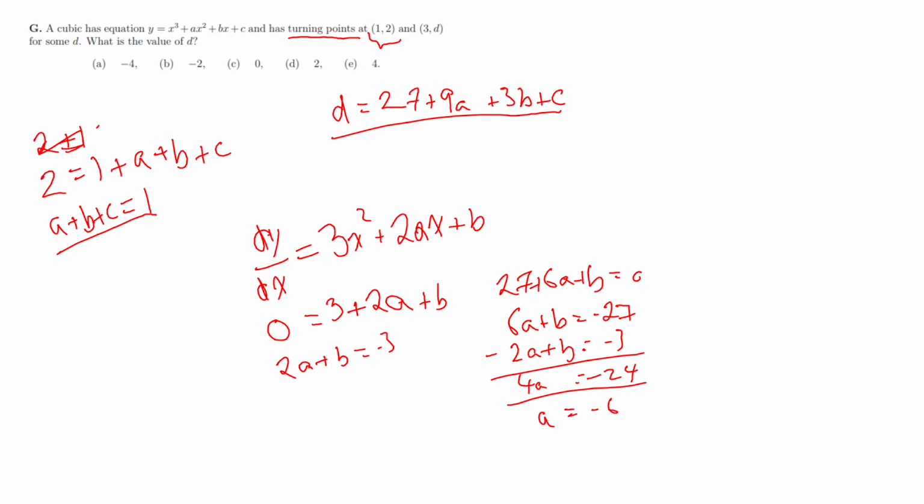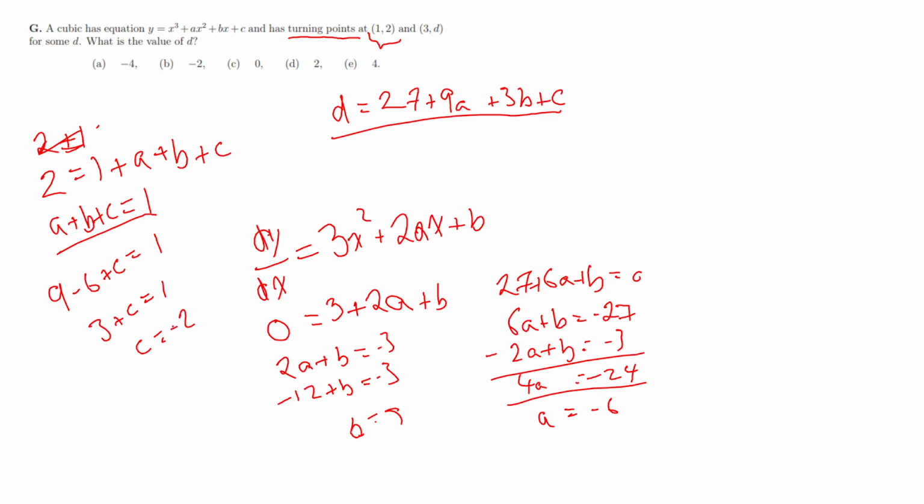And then we can just plug in that minus 6: minus 12 plus b equals minus 3, b equals 9. So now we have values for a and b, and we can go back and plug these values in and solve for c, then solve for d. So we have 9 minus 6 plus c equals 1, 3 plus c equals 1, c equals minus 2.